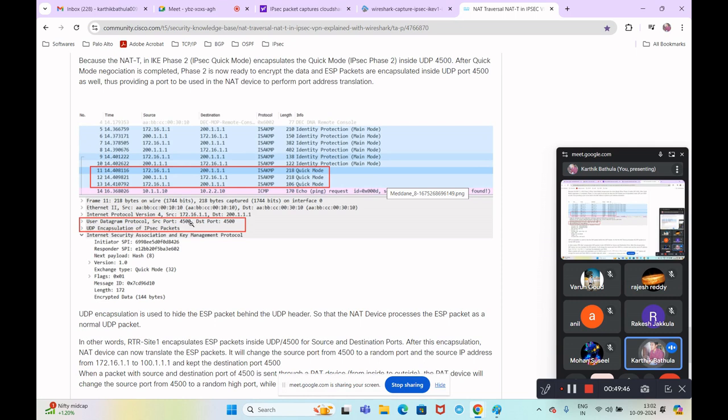See here, this is the port that is used if there is any NAT device in between site 1 and site 2. If you go to interviews, they may ask you what the source port and destination port are that are negotiated in between site 1 and site 2 if there is a NAT device. They change the port numbers to 4500, so the source port and destination port will be 4500.